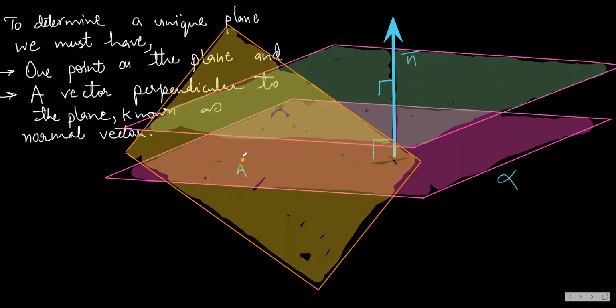So what was I given? You will have to imagine here because I'm finding it quite difficult explaining the 3D concept on this 2D screen. See, this point A also lies on the plane. Call this the beta plane.